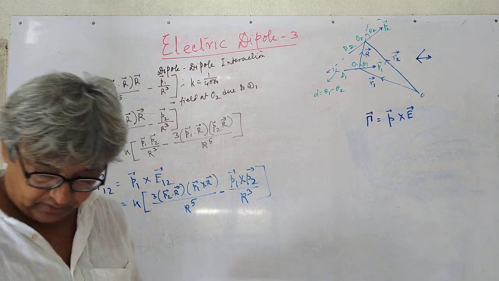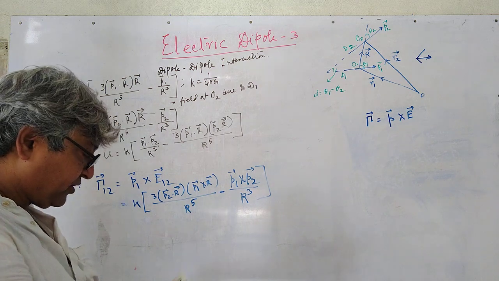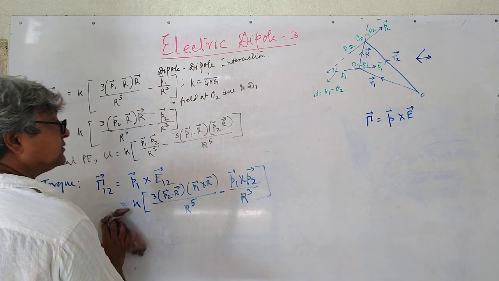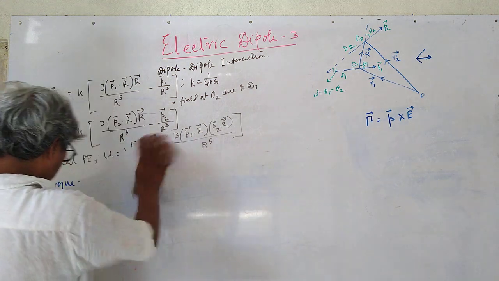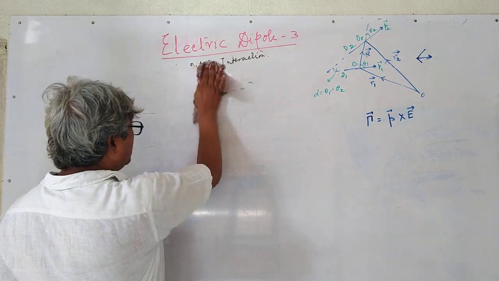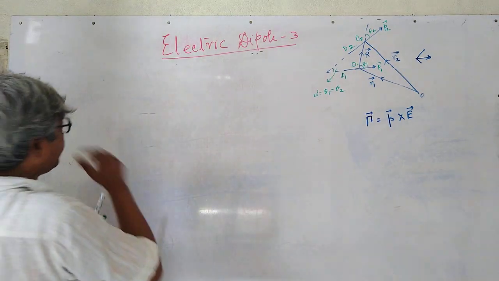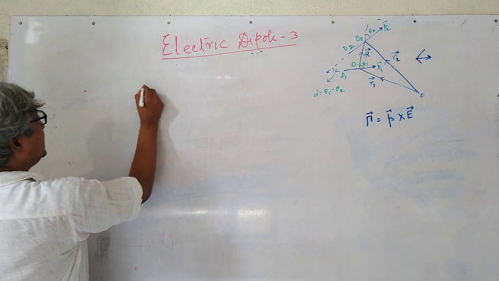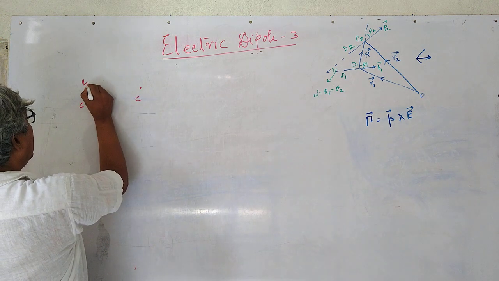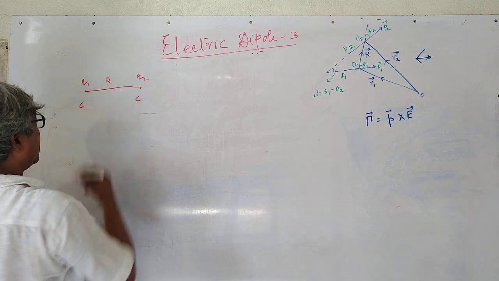I want to make a fascinating comparative discussion between the interaction of dipoles and point charges. Let me do it to conclude the discussion on dipole-dipole interaction. Only thing left is the problem set, which has already been given to you. Consider 2 point charges, Q1 and Q2, separated by a distance r.